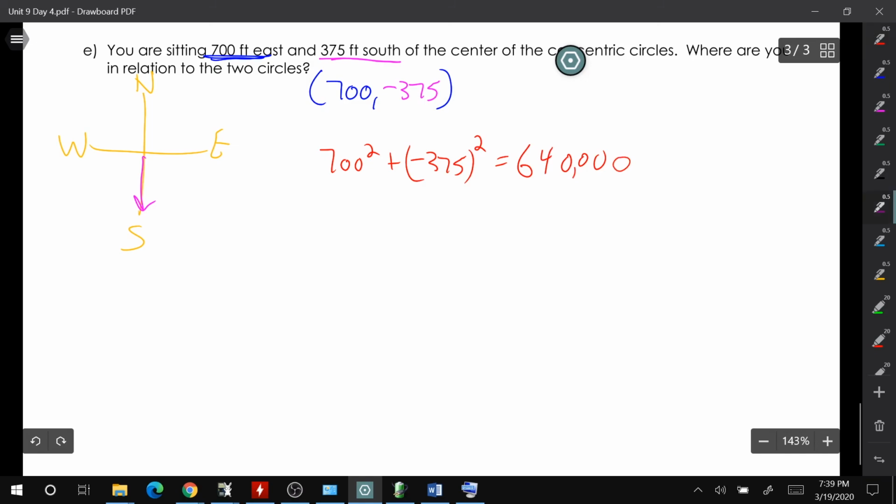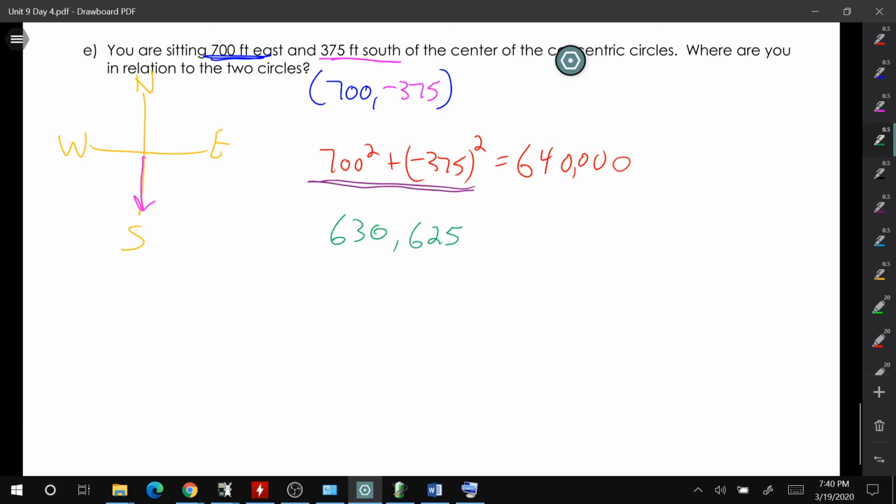On the left side I get 630,625. Okay, so that is less than 640,000. So I'm inside the safety circle.